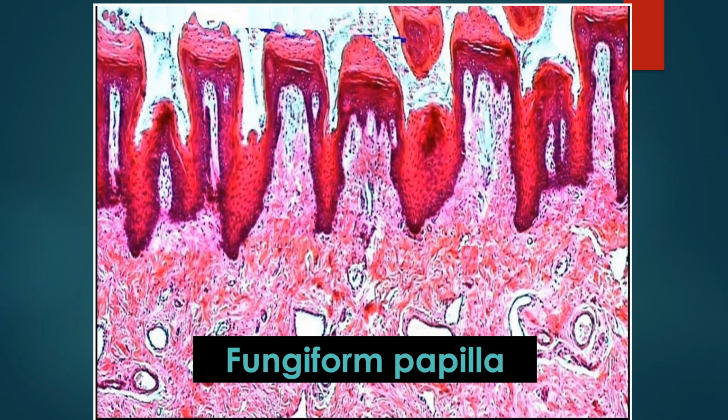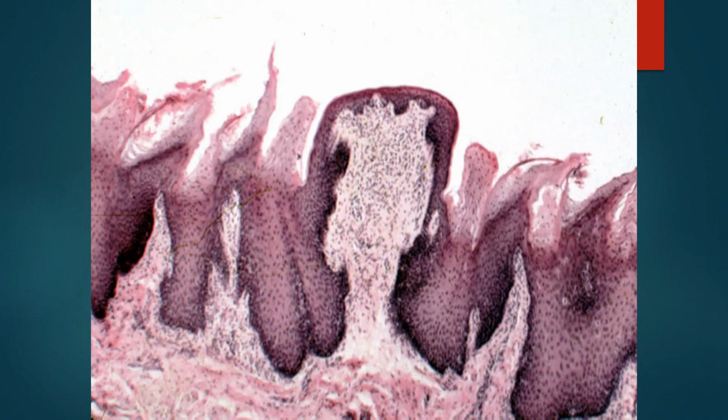So another diagram of the fungiform papilla, you can see the rounded tips, non-keratinized epithelium, lamina propria thrown into folds, into columns, and the taste buds are also present. Beneath this lamina propria, you can also appreciate the submucosa as well as the skeletal muscles.